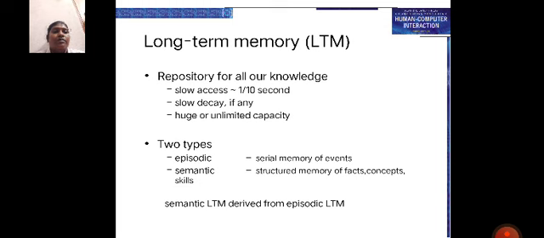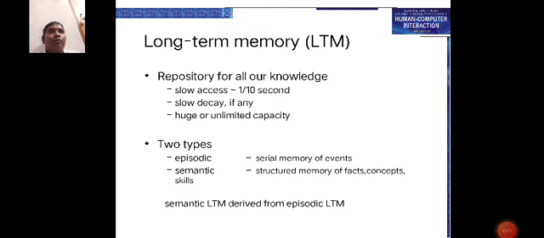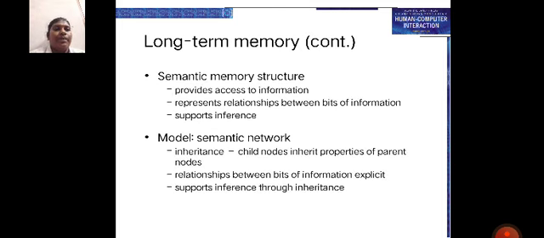So semantic long term memory is derived from episodic long term memory, because episodic long term memory contains the emotions of the particular person. In terms of semantic memory structure, it provides access to information, represents relationships between bits of information, and supports inference. Inheritance means child nodes inherit properties of parent nodes.